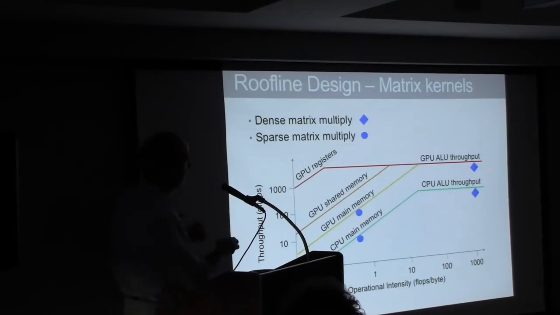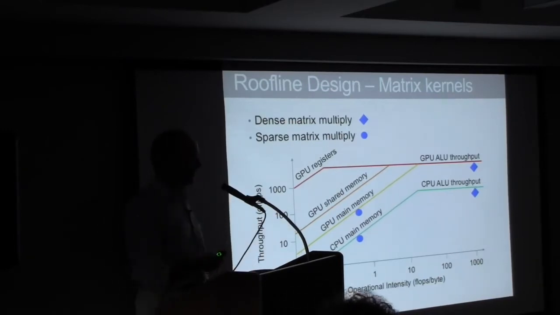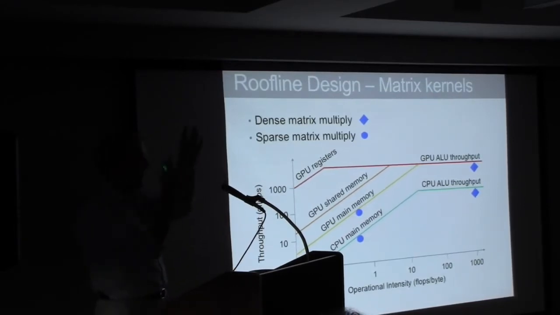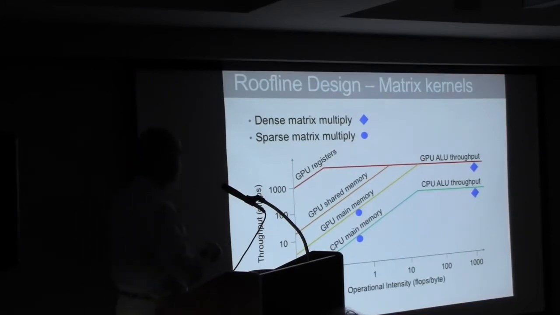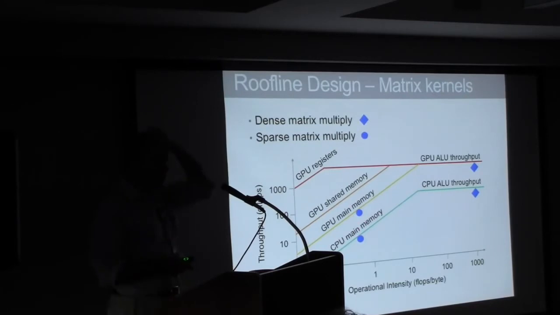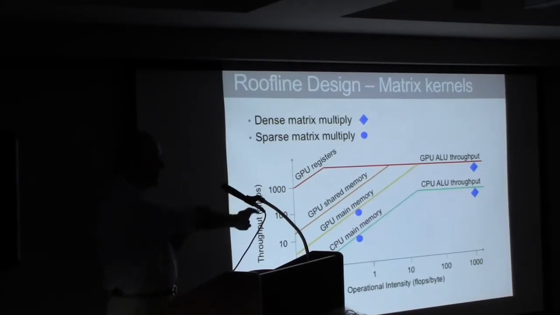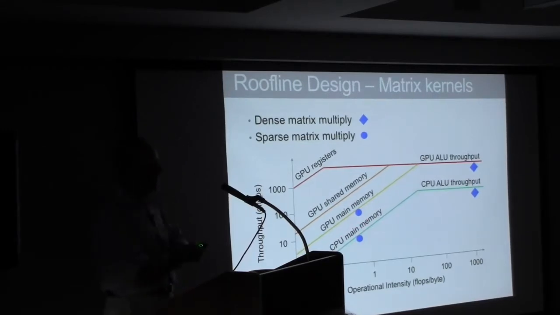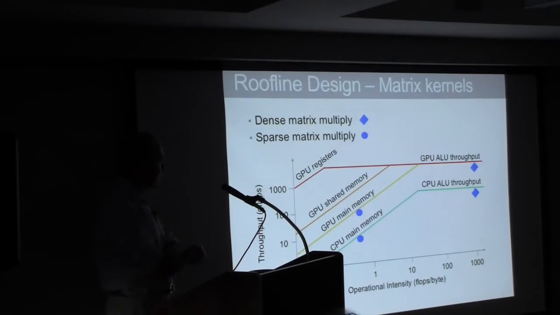So GPUs just end up being faster because there's more ALU there. In the sparse case, like if you're doing logistic regression, you're doing basically a big sparse matrix of data multiplied by a model vector. And there you also have a big advantage for a GPU because of that main memory difference. And so as long as you have a primitive that's fully rooflined, you can get that performance.